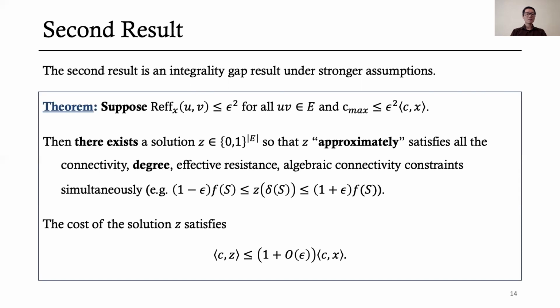The second one, we cannot handle additional linear constraints. Third, this result is non-constructive. We can only bound the integrality gap. And finally, we have some additional restrictive assumptions on the fractional solution. But we have shown in our paper, there are still some interesting examples captured under these assumptions.